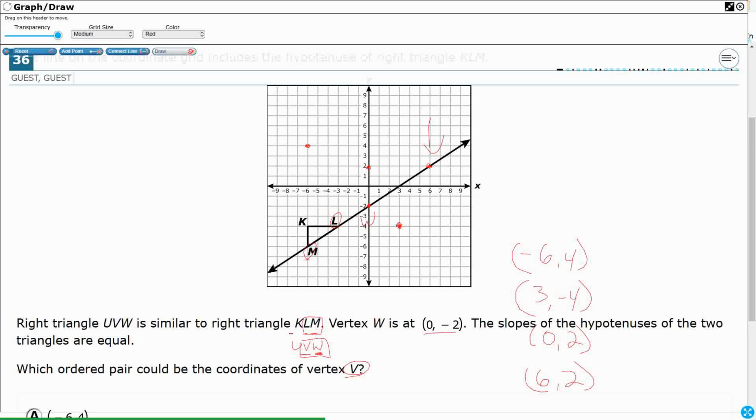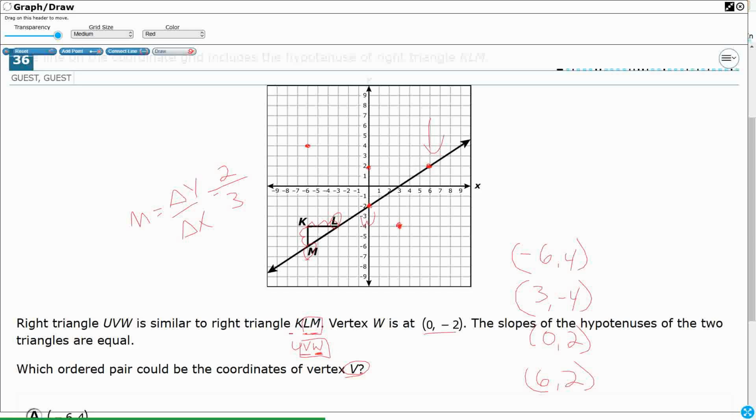Well, let's check our slope. Remember, our slope is our change in y over our change in x. So let's look at our rise over run on our original triangle. It goes up 2, and then it goes over 1, 2, 3. All right, so I've got a 2/3 slope. Let's see if I keep these 2 points here.